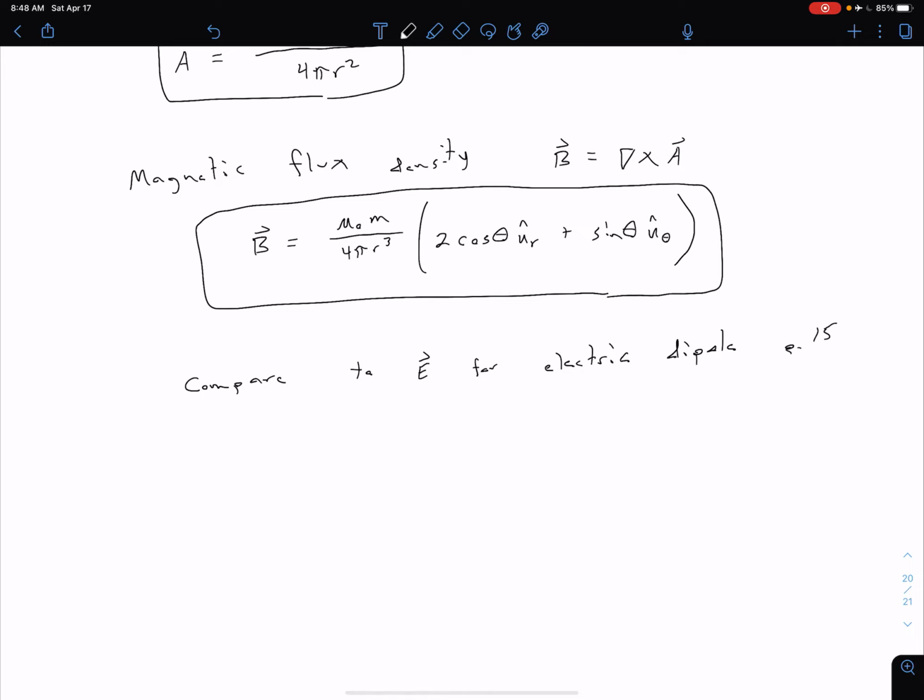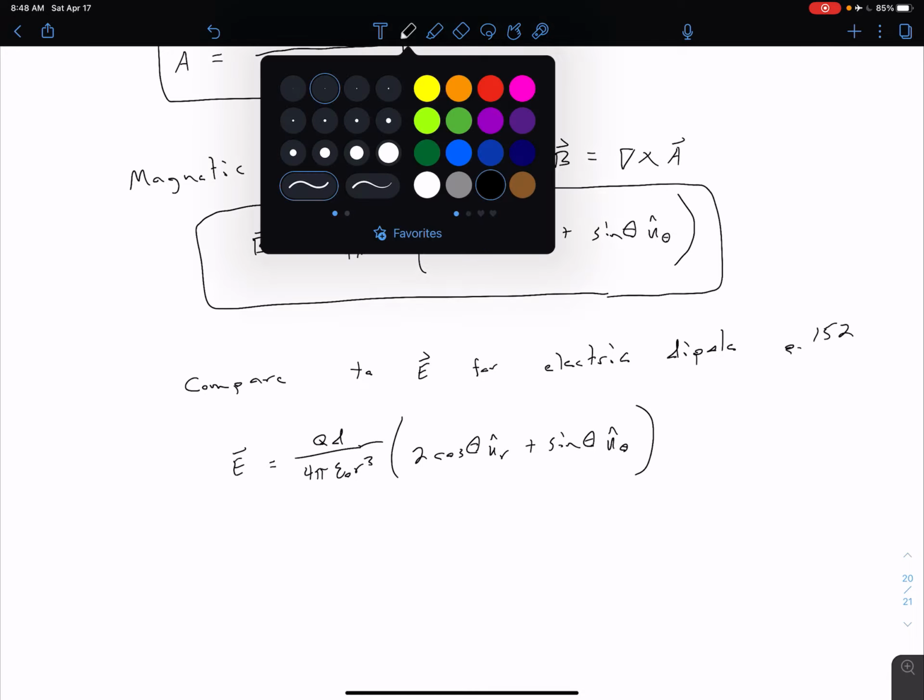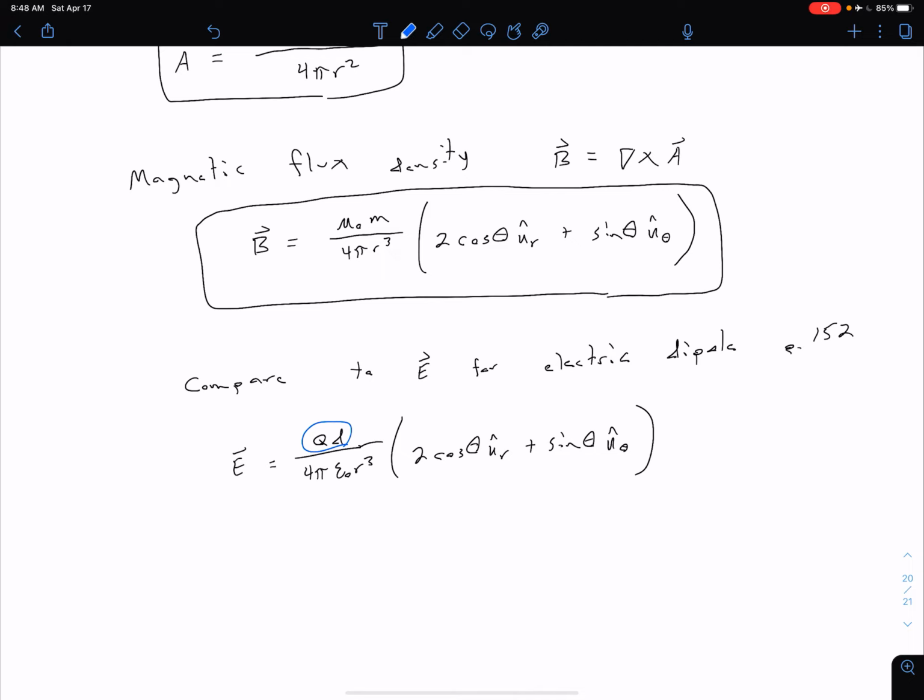If you go back to page 152 in the text, you can see this equation here, but basically we found that our electric field due to an electric dipole is equal to Qd divided by 4 pi epsilon naught r cubed times 2 cosine theta in our r direction plus sine theta in our theta direction. And just as a refresher, this Qd in the numerator was the magnitude of our dipole moment, which was previously defined as P.